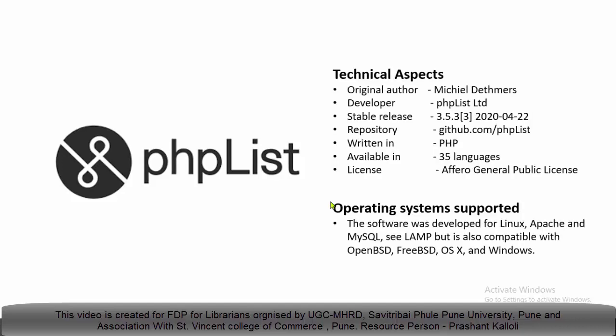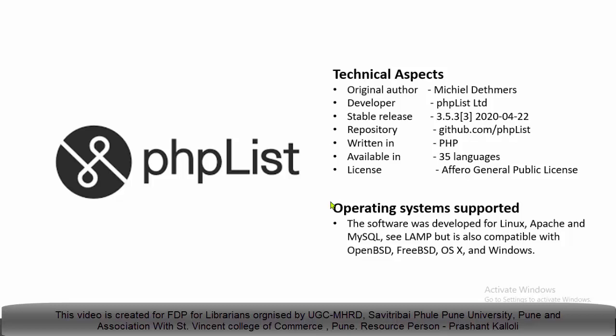Some technical aspects of the phpList application. Michiel Dethmers is the original author of phpList. Currently, phpList Limited is developing and maintaining all the development processes and progress. phpList 3.5.3 is a stable version available to download on the website. It is written in the PHP language, and MySQL is used for databases. phpList is used throughout the world.